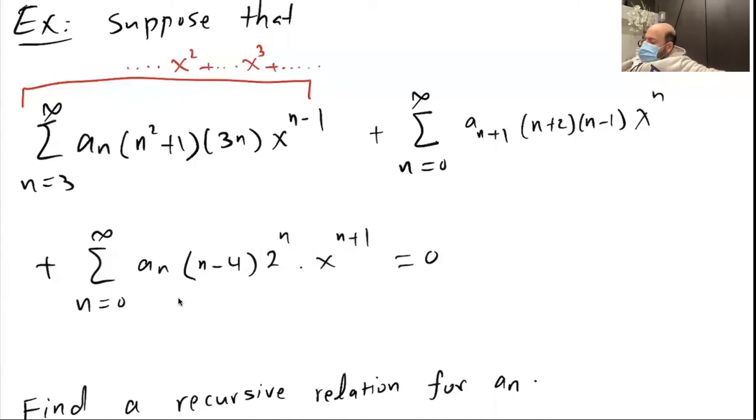Now, what about the next sum? If you look at the next sum, it's x to the power n, and n starts from 0. So the first term will be x to the power 0, which means a constant term, and then something times x, plus something times x squared, and so on.